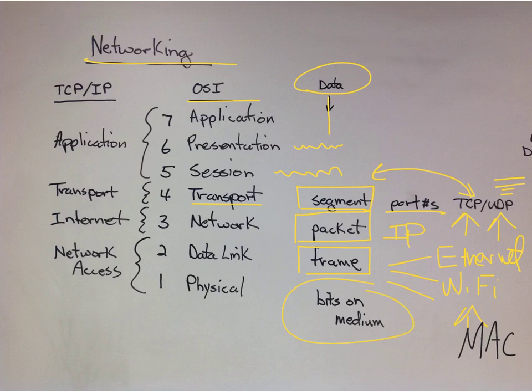Then we put the bits on the medium. The top three layers for the TCP/IP model are application, transport is transport, internet is the network layer, network access, data link, and physical.